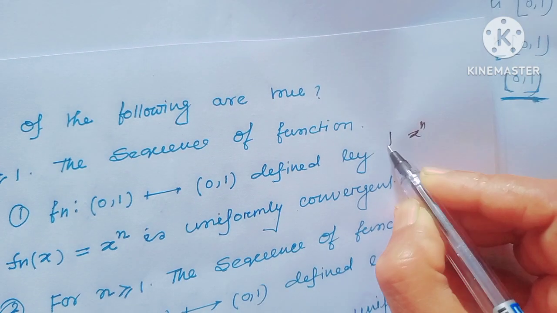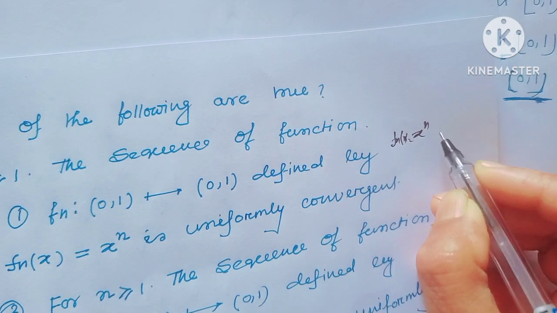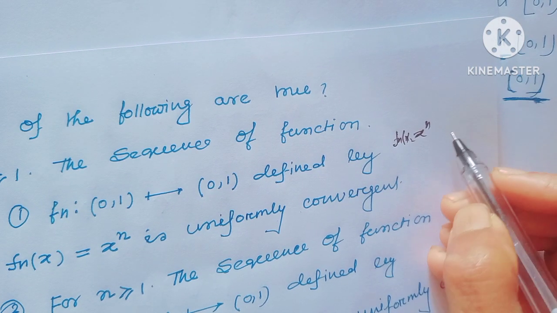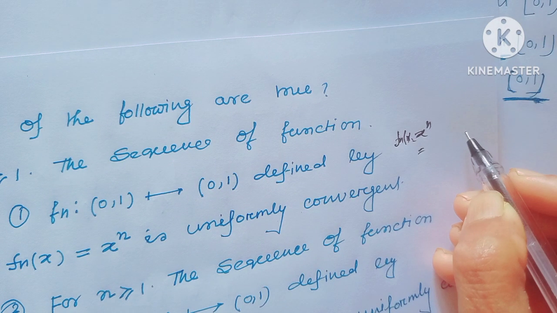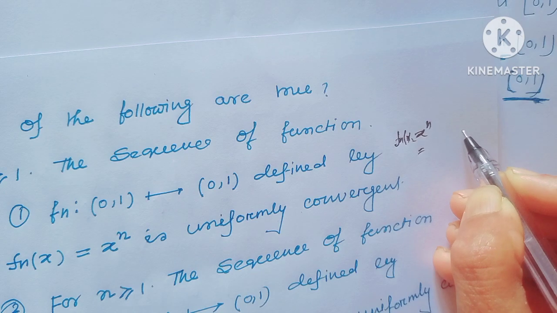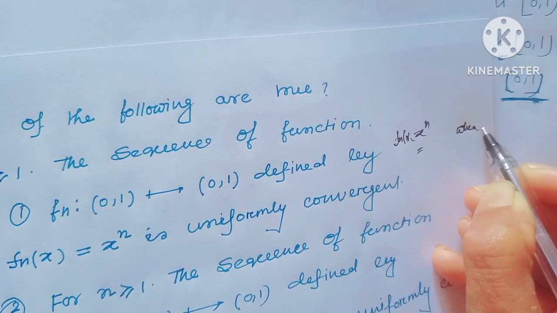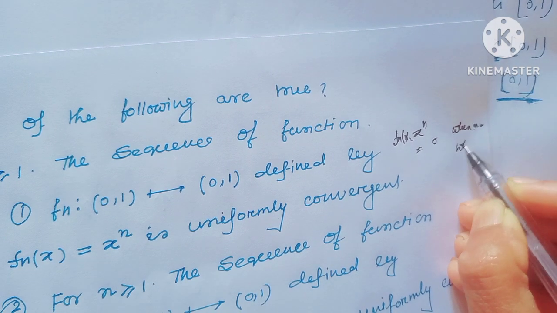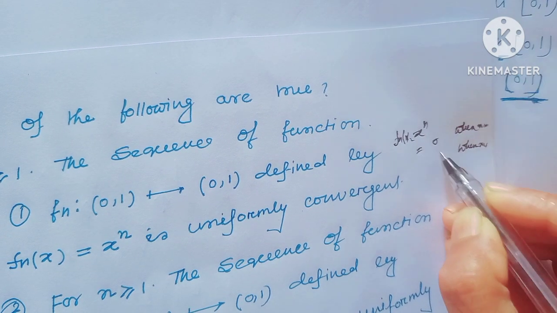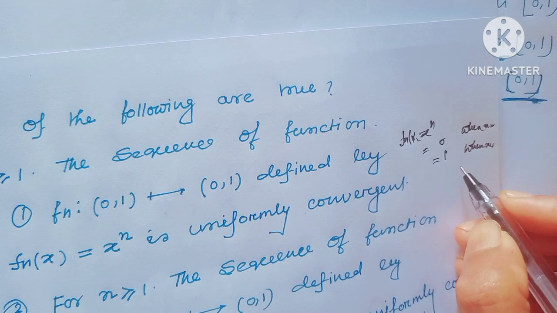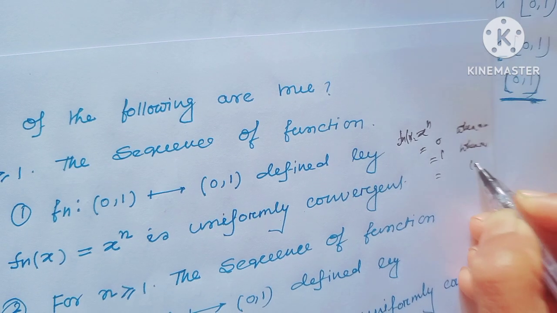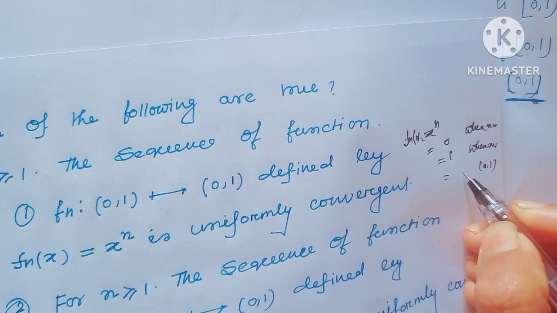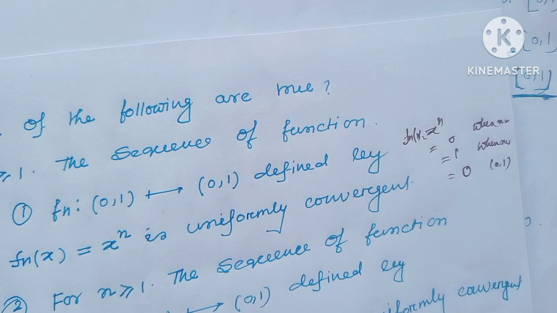Here fn(x) equals x to the power n. When x equals 0, this value is 0. When x equals 1, this value is 1. When x belongs to the open interval (0,1), this value is 0.